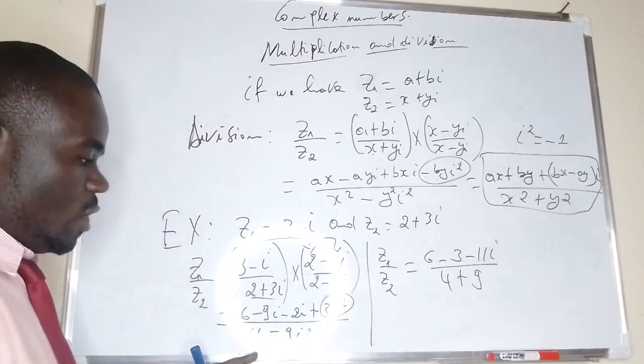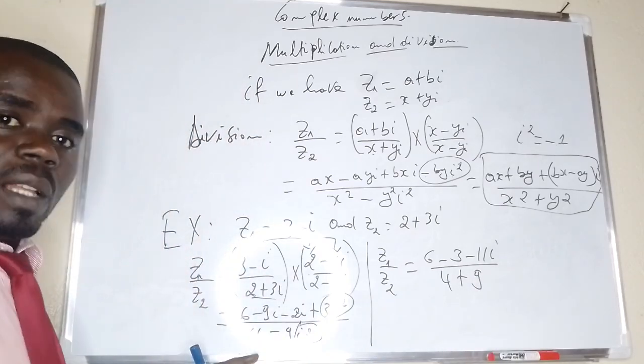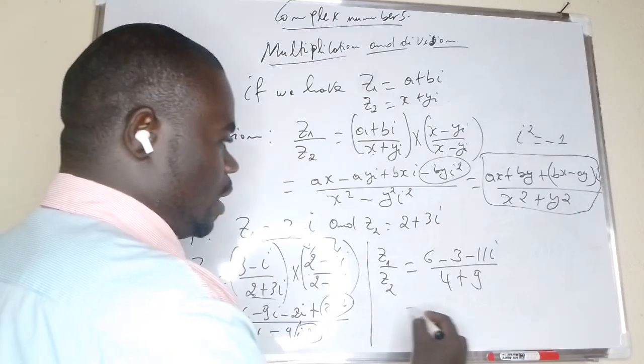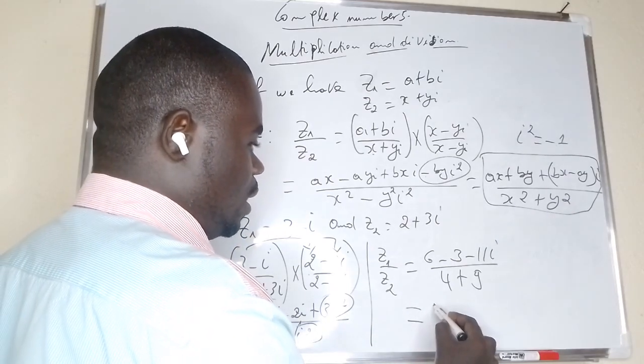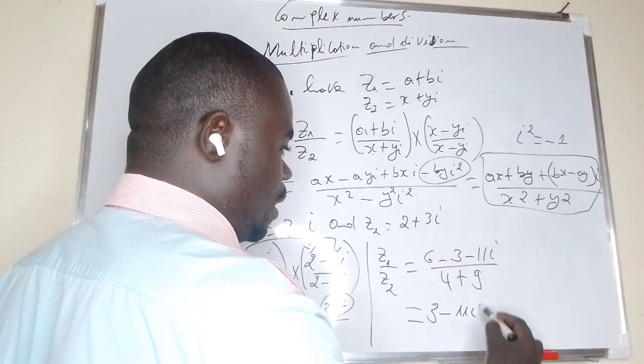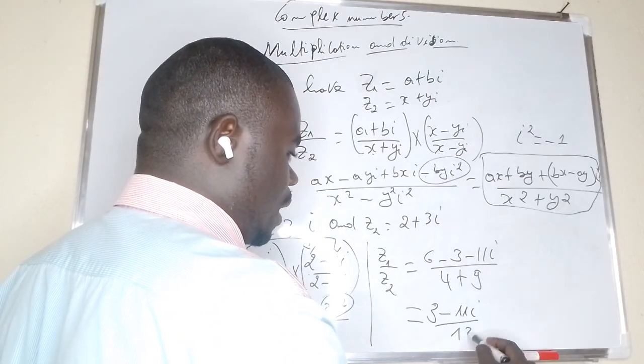Why positive? Because i squared is negative 1, and then negative 1 times this is positive 9. So this one is equal to 3, 6 negative 3 is 3, negative 11i over 13.